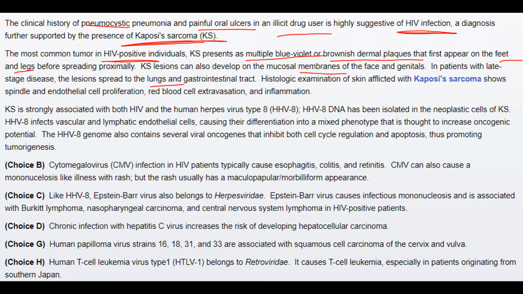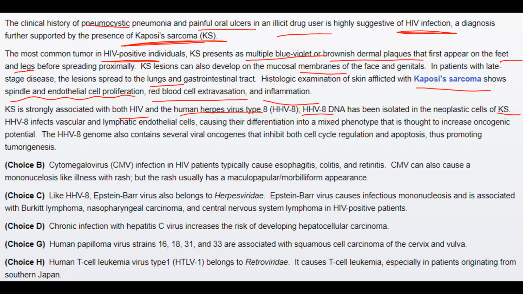Histologic examination of skin afflicted with Kaposi sarcoma shows spindle and endothelial cell proliferation, red blood cell extravasation, and inflammation. KS is strongly associated with both HIV and the human herpes virus type 8. HHV8 DNA has been isolated in the neoplastic cells of KS.